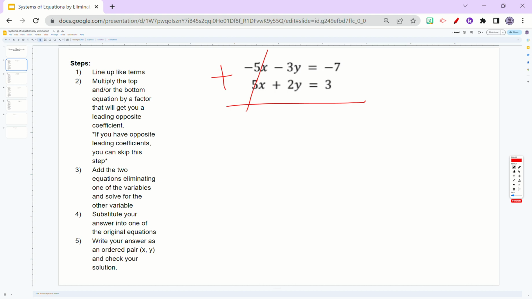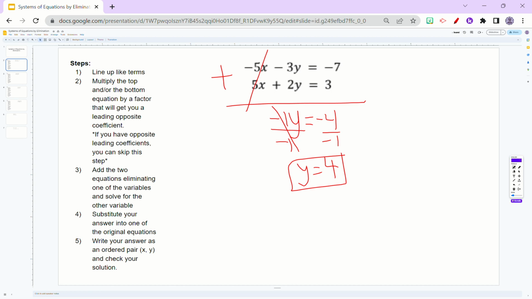Negative 3y plus 2y is negative 1y. Negative 7 plus 3 is negative 4. Now we can continue to solve. Divide both sides by negative 1, and we have y is equal to positive 4.